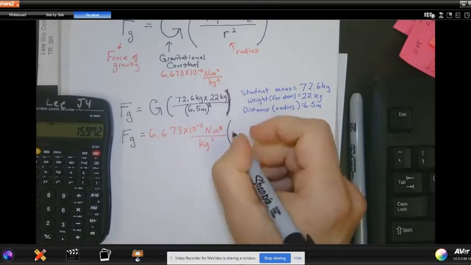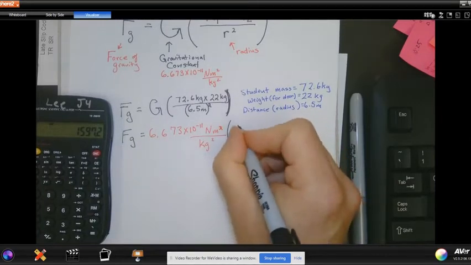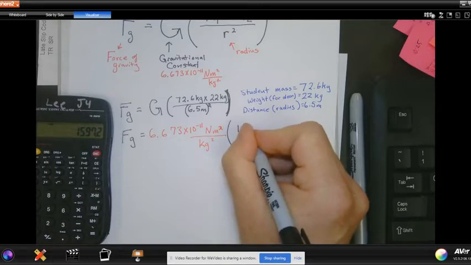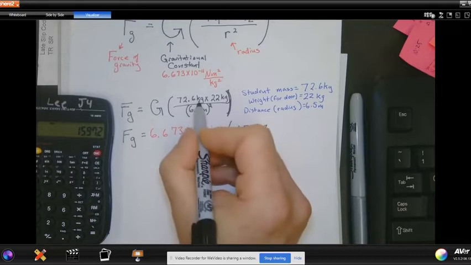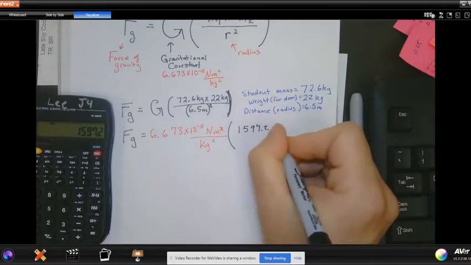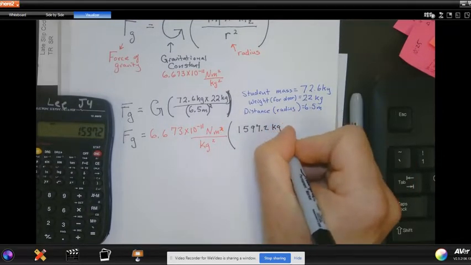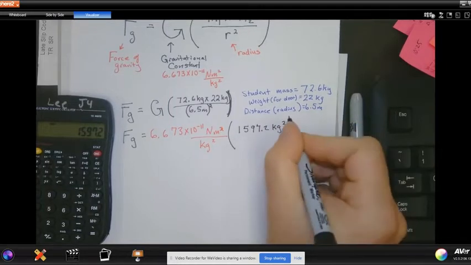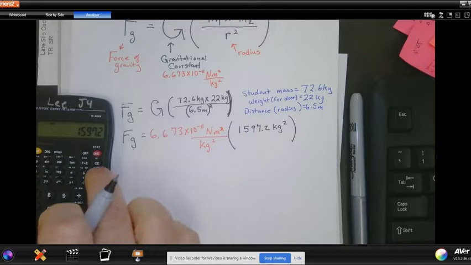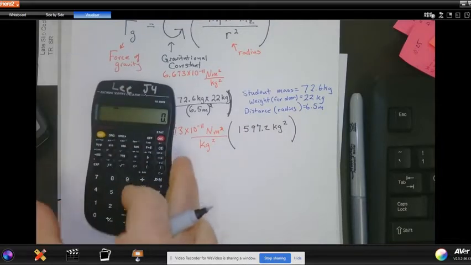Now, in parentheses, we multiply it across the top. 72.6 times 22 is going to be 1,597.2. That's kilograms times kilograms, so that comes out to be kilograms squared. All right. Now we need to do 6.5 meters squared.